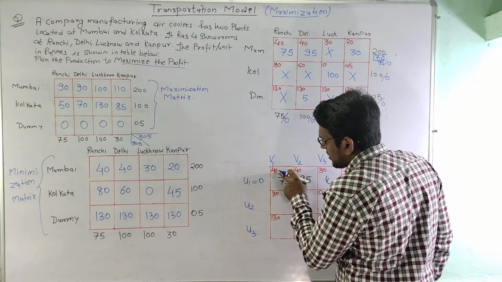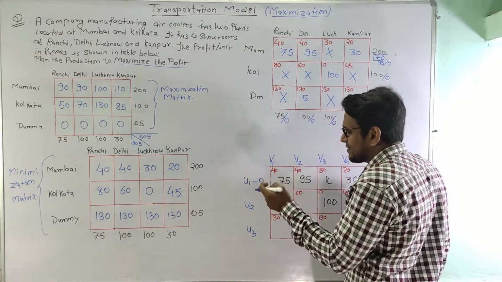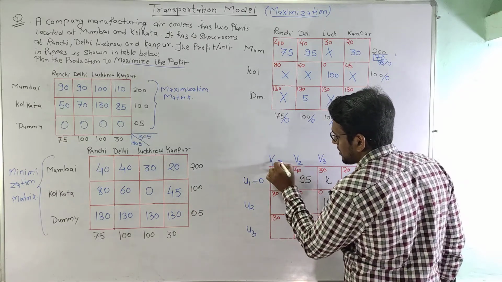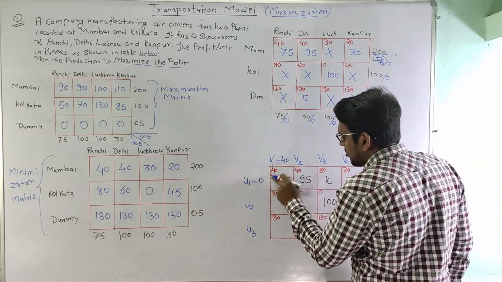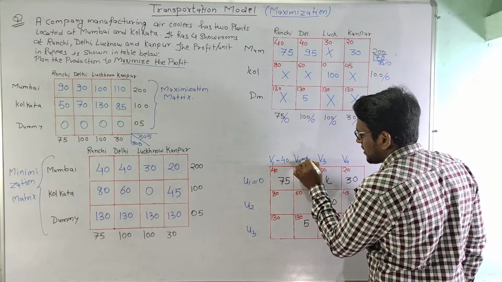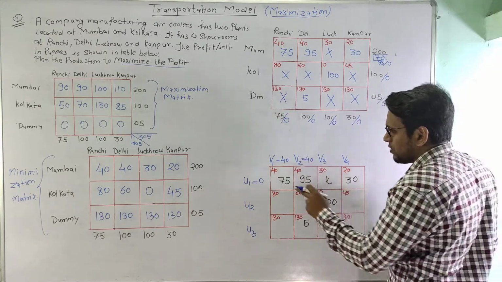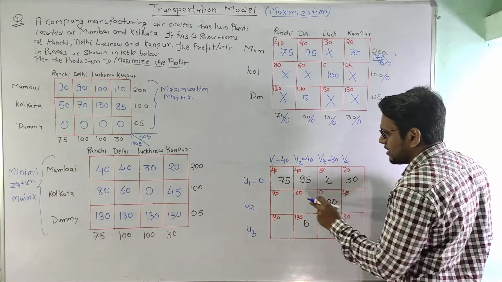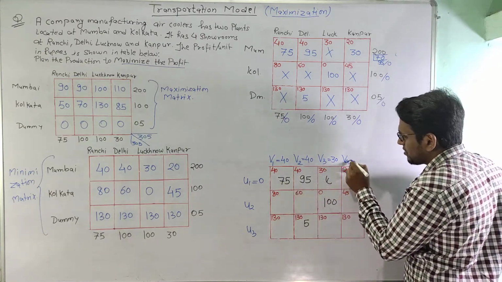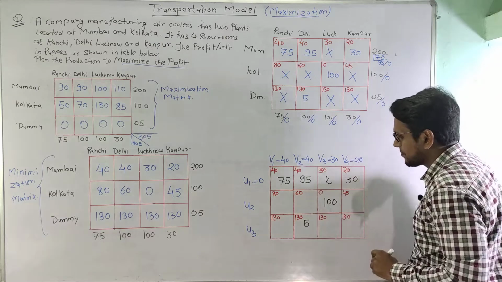Now 40 equals 0 plus what? So 0 plus 40 is 40. Similarly 0 plus what equals 40, so this will again be 40. Now 0 plus what equals 30, so 0 plus 30 is 30. 0 plus what equals 20, so 0 plus 20 is 20.